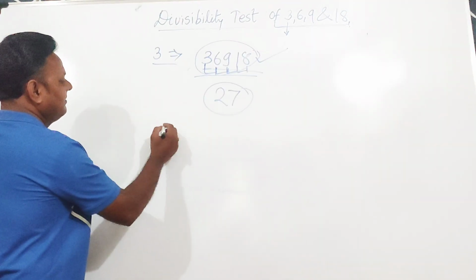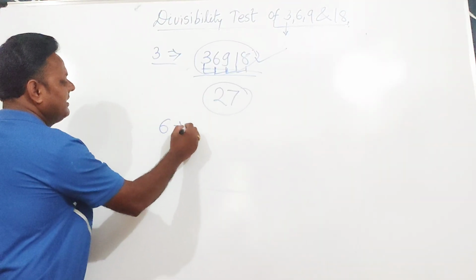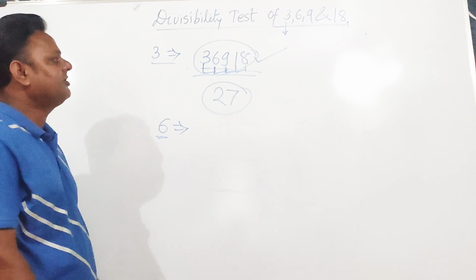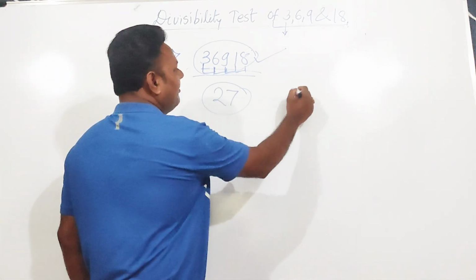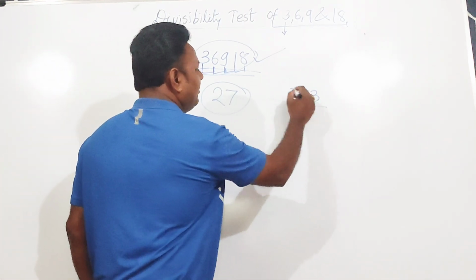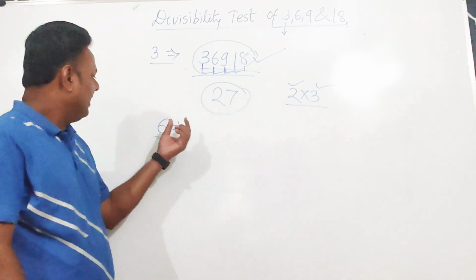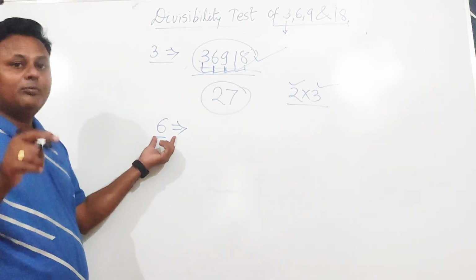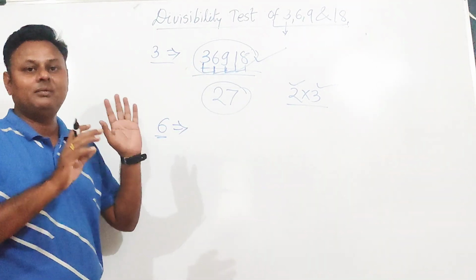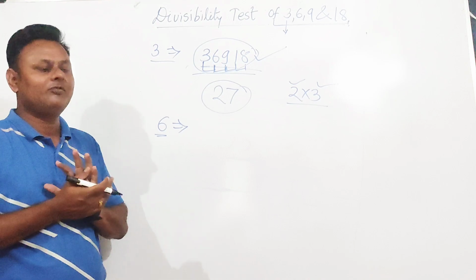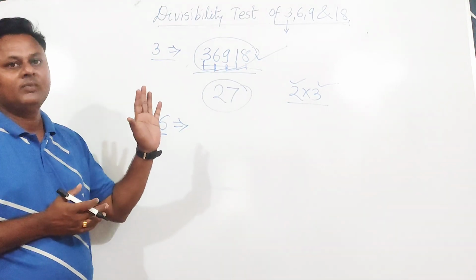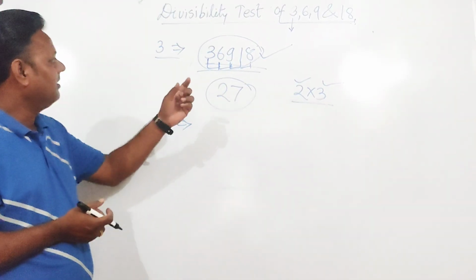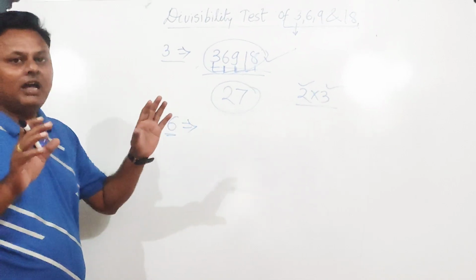The same test applies to 6 also. The divisibility test of 6 says that 6 is the product of 2 and 3. So the divisibility test of 2 and the divisibility test of 3 will apply here. How we apply them, I am going to explain.